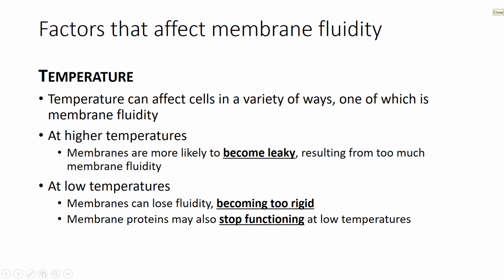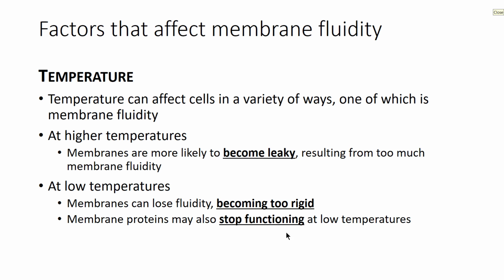And at the other end of the spectrum, at too low a temperature, that movement solidifies down to a slow crawl, and the necessary fluidity is lost, and membrane proteins will typically either reduce or stop functioning at these low temperatures. Every life has a different temperature range, but generally speaking, that's the nature of what happens at too high or too low.